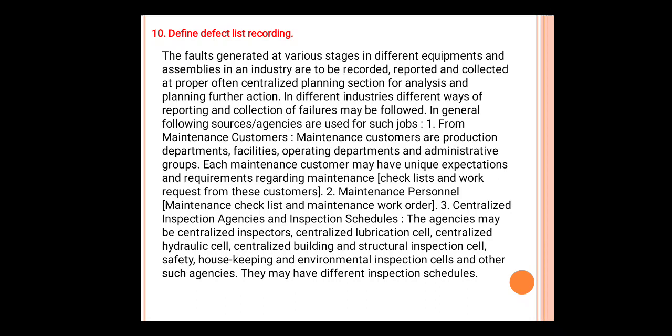The agencies may be centralized inspectors, centralized lubrication cell, centralized hydraulic cell, centralized building and structural inspection cell, safety, housekeeping and environmental inspection cells, and other such agencies. They may have different inspection schedules. Okay, so this kind of things are how defect list recording can be done.